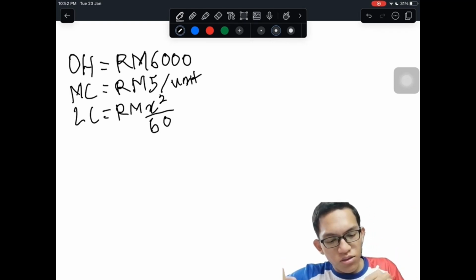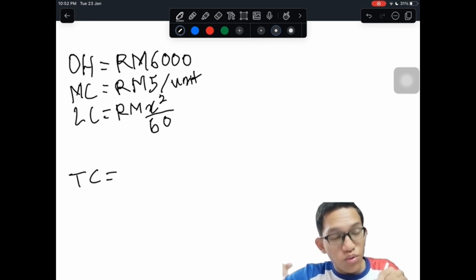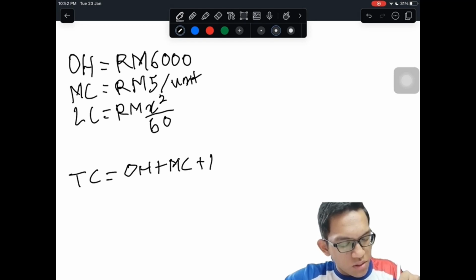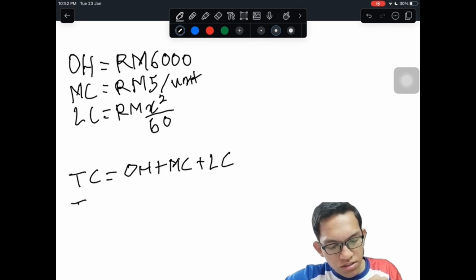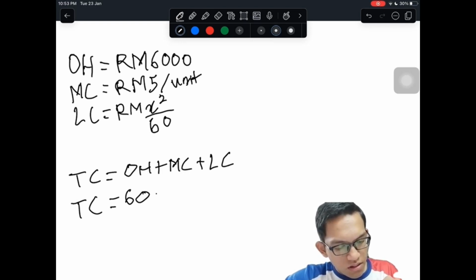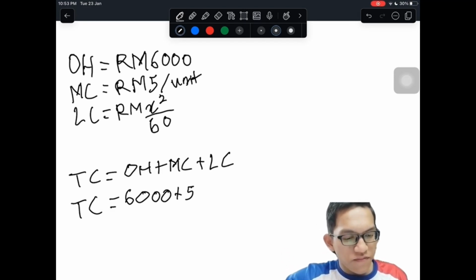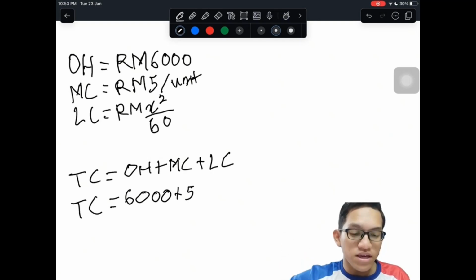So to find the total cost function, as I said earlier, we need to add overhead cost plus material cost plus labor cost. So basically the total cost function is 6000 plus 5 ringgit, this is per unit.